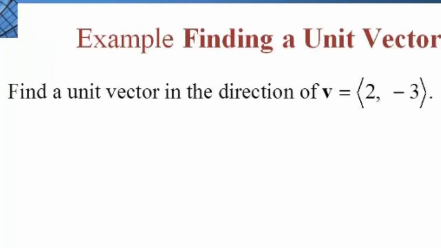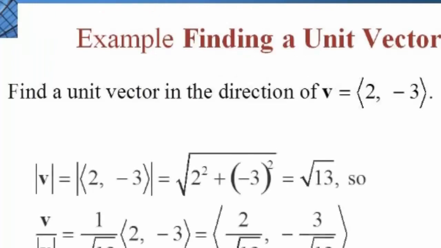We want to find a unit vector in the direction of v equals 2, negative 3. We begin by finding the magnitude of v, the magnitude of 2, negative 3, which is the square root of 2 squared plus negative 3 squared, which will give us the square root of 13.